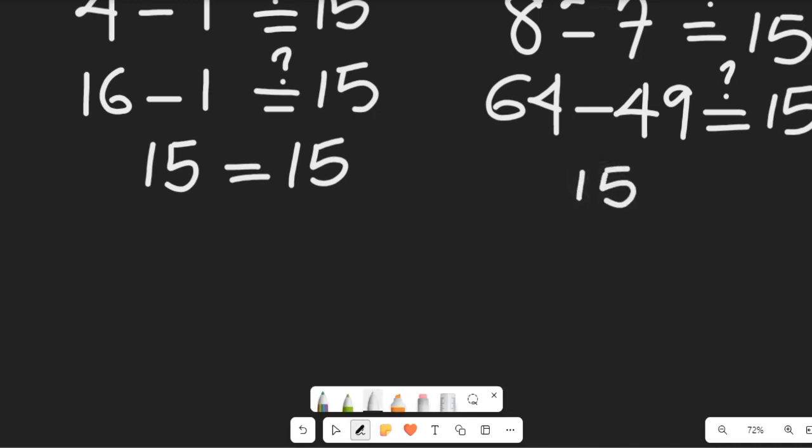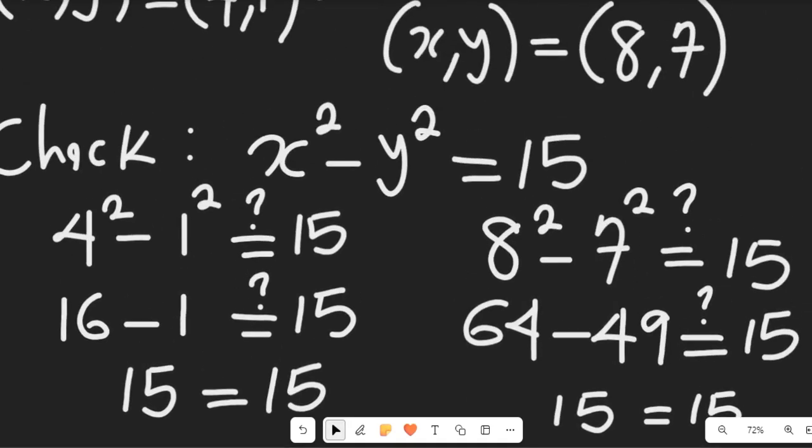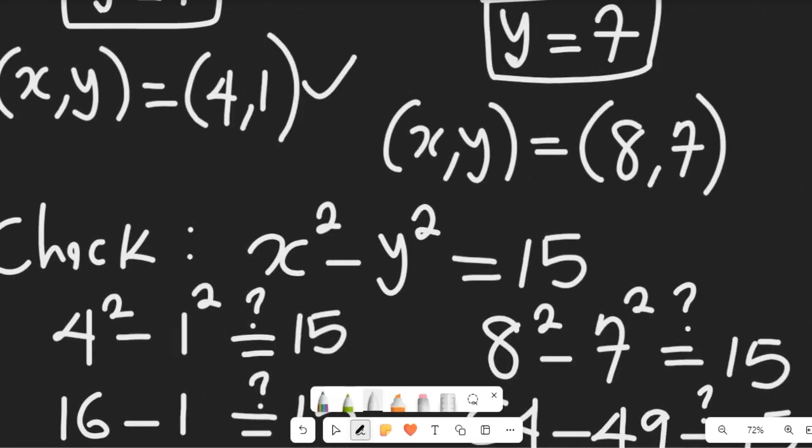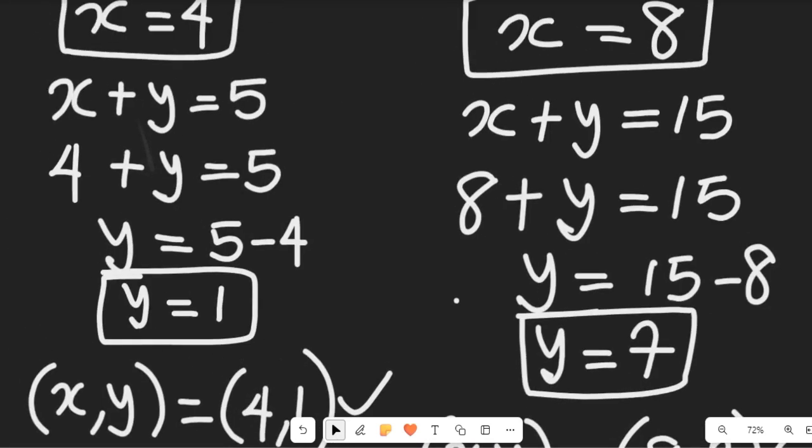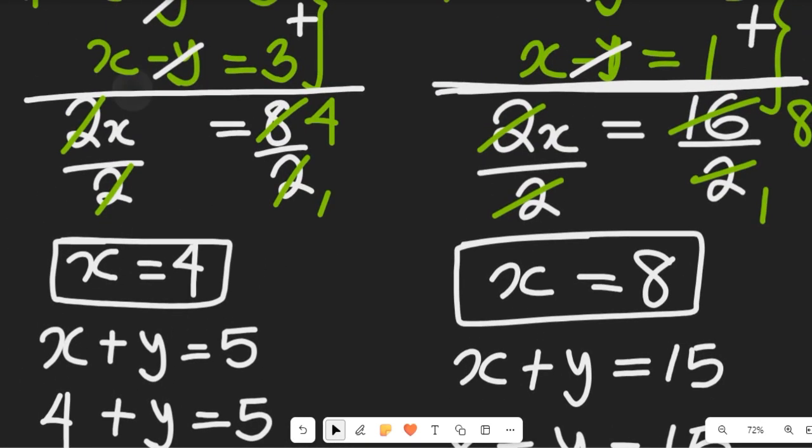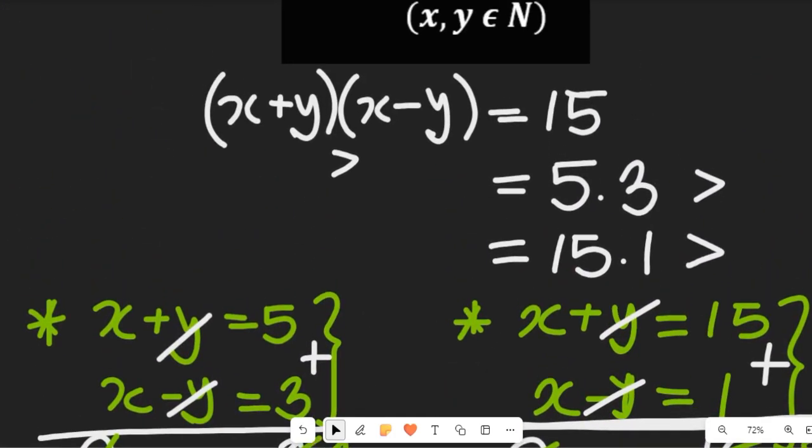And then 15 is equal to 15. So that tells us that the second values of natural numbers of x and y are also correct. So you see, our solutions, the values of 4, 1, and 8, 7 are actually the solutions to the expression given to us up there.